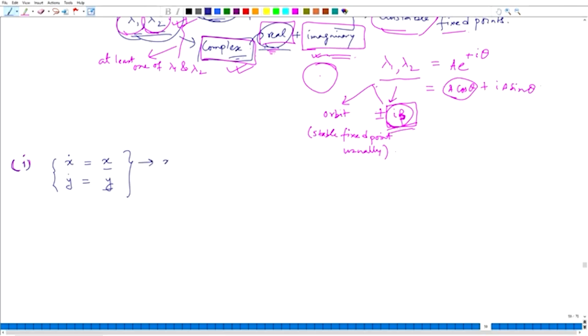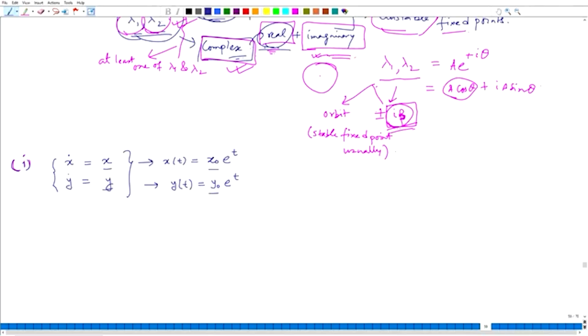That gives you x as a function of t equal to some x 0 e to the power t, and for y similarly y of t is equal to some y 0 e to the power t.